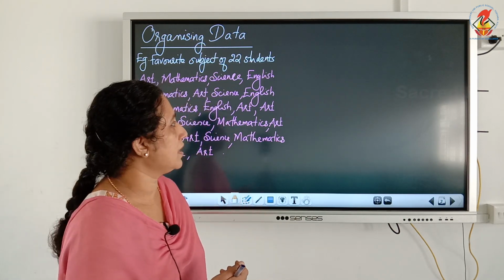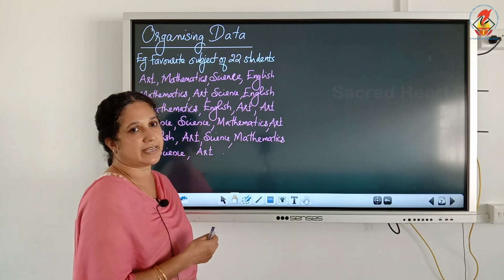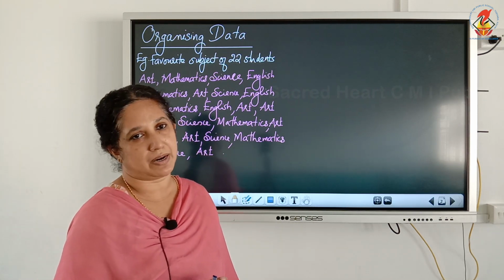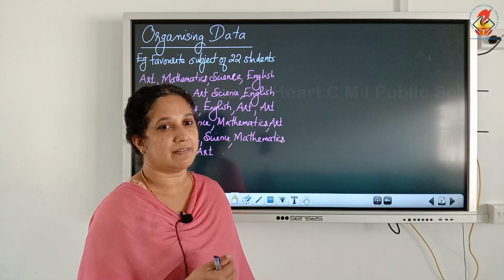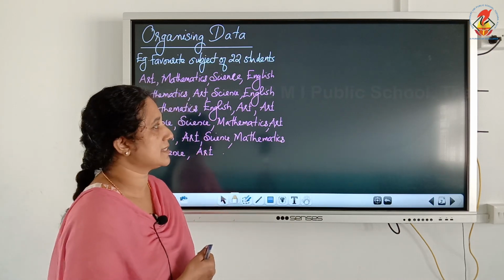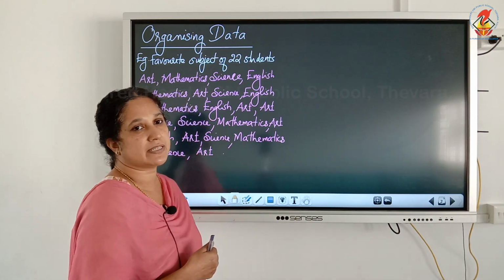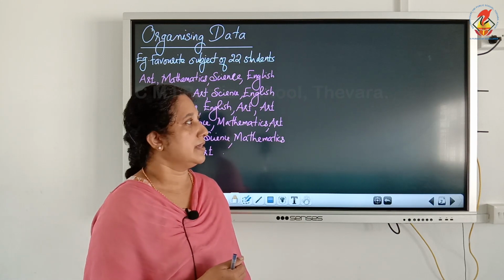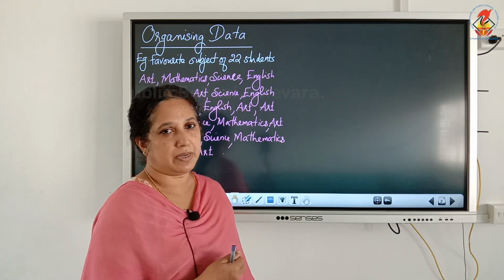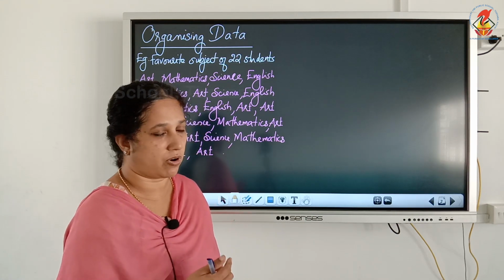So here we are going to organize the data using tally marks. We have to represent the data in a table. Now we are going to draw the table. The table consists of 3 columns.